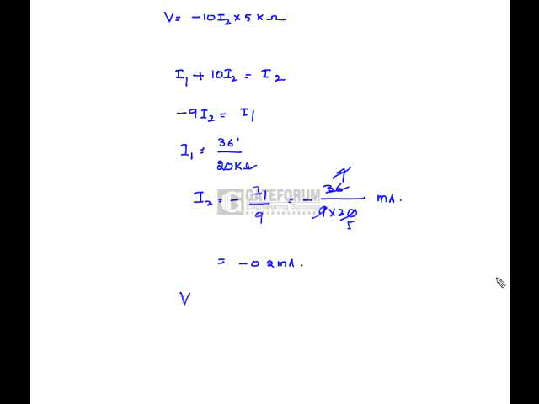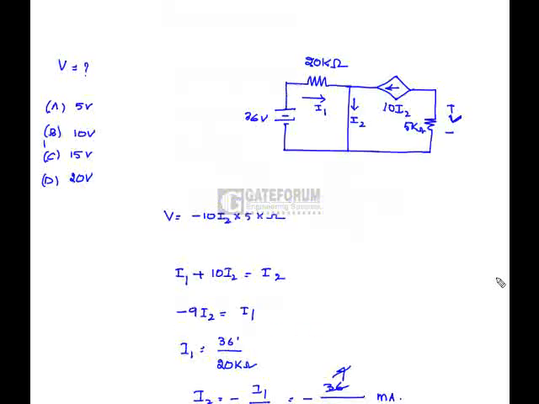So V is nothing but minus 10 into minus 0.2 milliamps into 5 kilo ohms. Kilo and milli cancel each other, into 5. So this minus gets cancelled. That is, we will get it as 10 volts. Hence option B is correct.